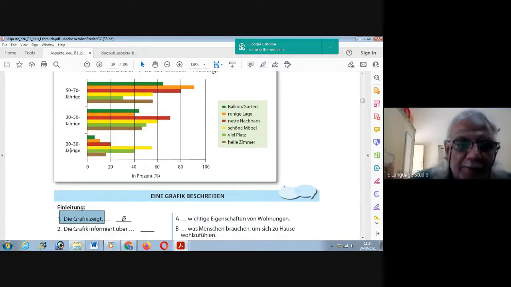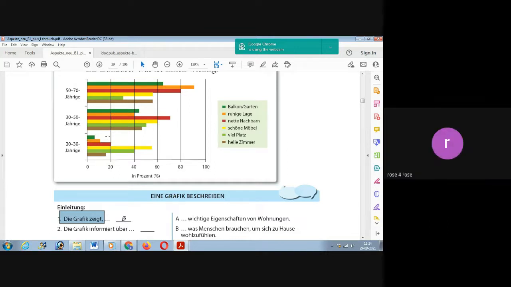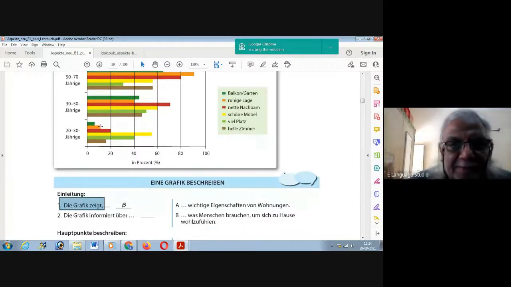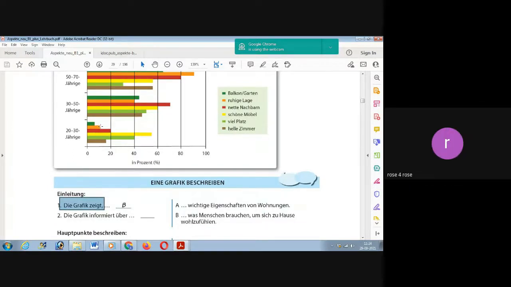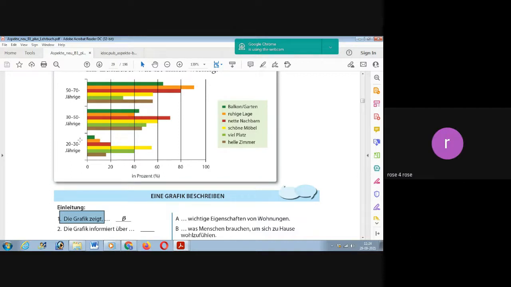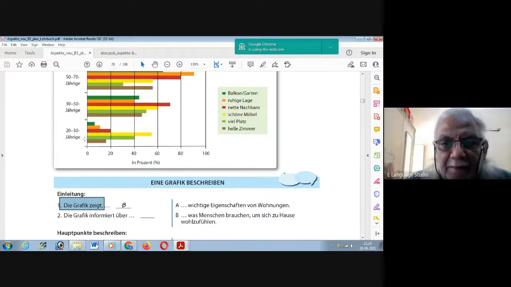Die jüngeren Leute, die 20 bis 30-Jährigen, sie sind zufrieden, auch wenn die Lage nicht ruhig ist. Also hier liegt die Zahl bei etwa 90% und hier bei vielleicht 16%. So den 20 bis 30-Jährigen ist es egal, ist es gleich, ob die Lage ruhig ist oder nicht.